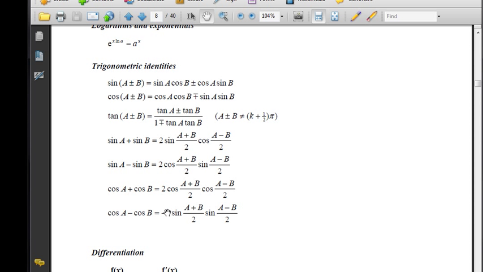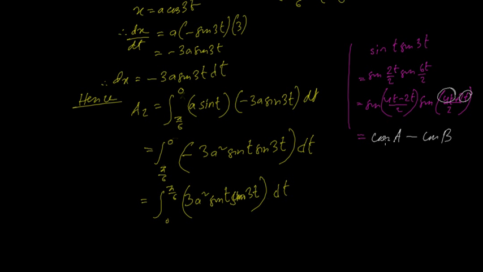So we don't have any minus 2 with this, so we can send this to the other side and write minus half directly. Since there has to be a minus 2 in front, and in our sum we don't have any minus 2, we can just send this to the other side and we can write sine t sine 3t equals this into minus half.